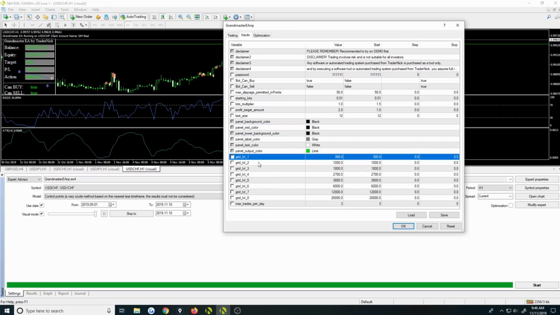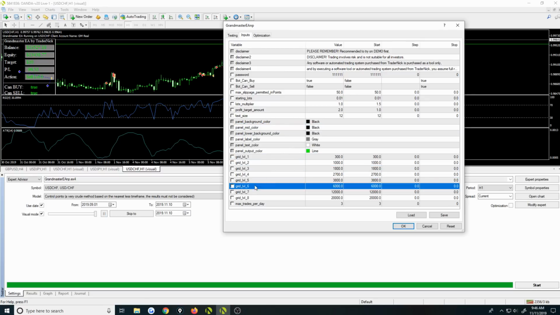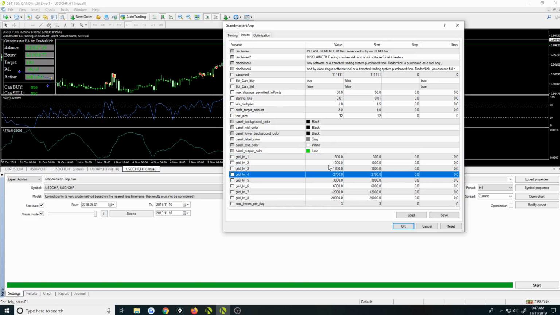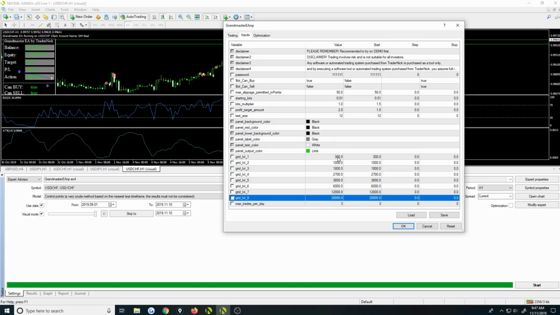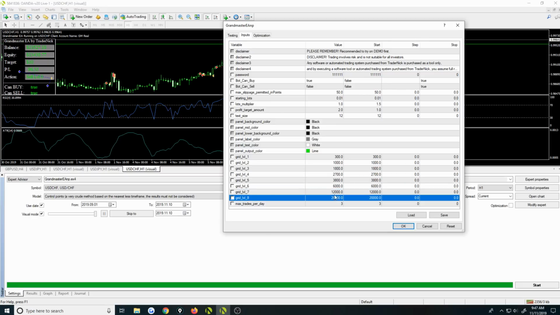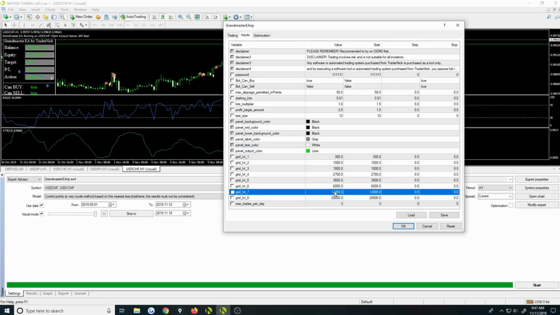The grid level, and this is really what it's going to come down to for how the trader determines how to use this. These are in points, right? So we have a 30 pip or 300 point first level grid. This is where the robot will take a second trade, a third trade, a fourth trade, and so on and so on. These are things that you can set. Many traders using this, because there are many different currency pairs and many different ways for traders to trade the system, will test and find their own levels that they like.